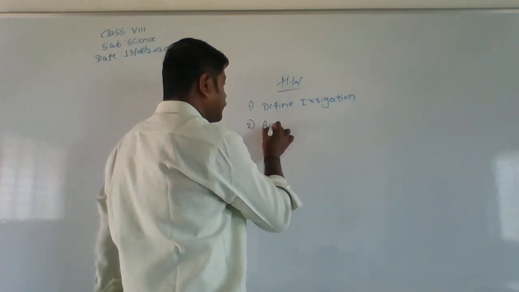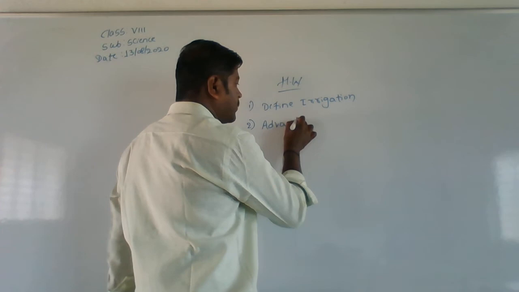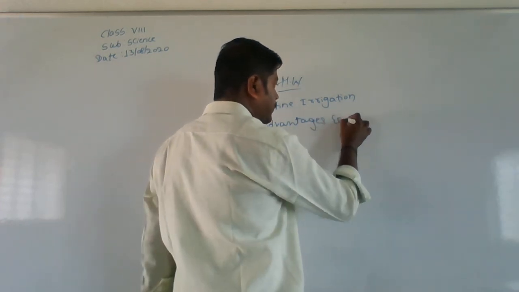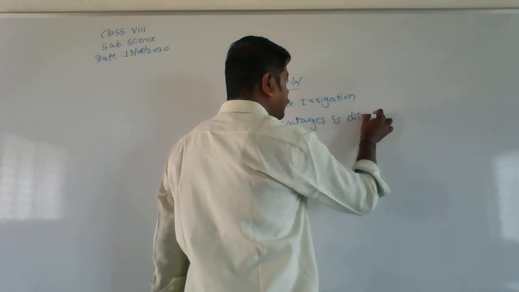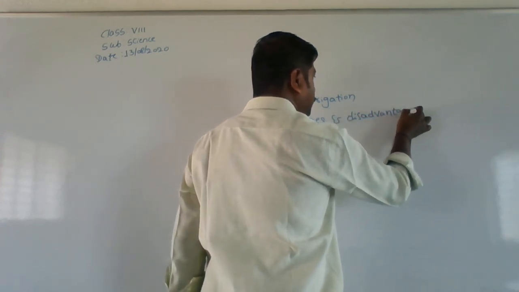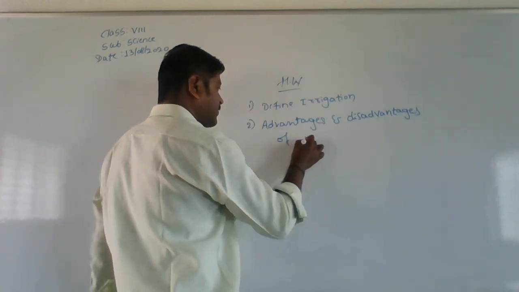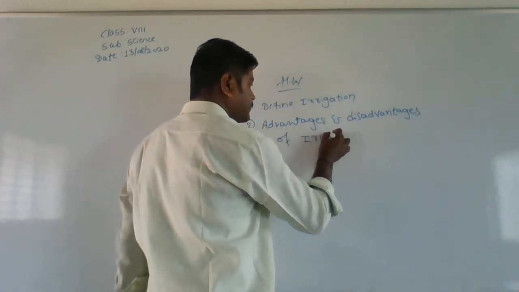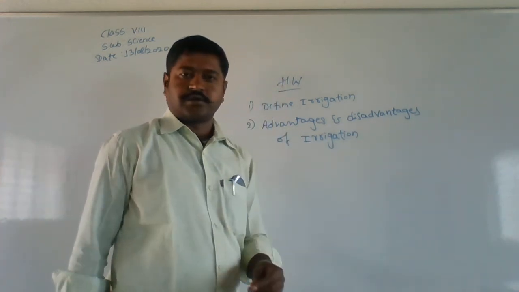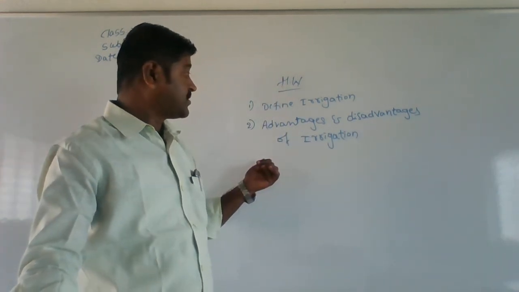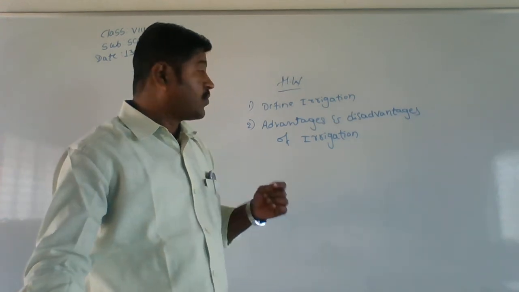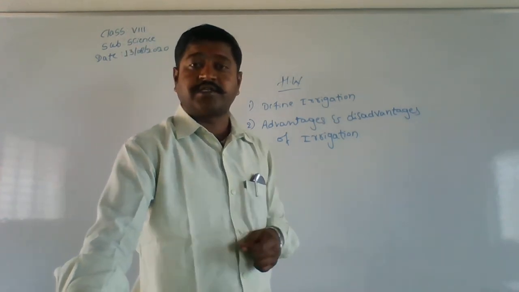And then, what are the advantages and disadvantages of irrigation. So first, define irrigation. Second, what are the advantages of irrigation, and also what are the disadvantages of irrigation.